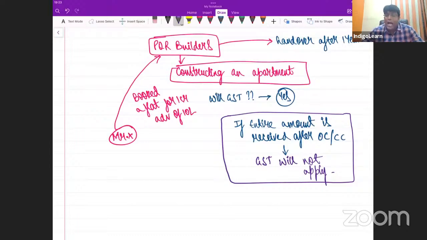GST will come only for actual builder and the customer. But if customer is selling to another customer, GST will not come into picture. Getting clarity, guys? Very, very, very important concept, please. It's important, no doubt about it.